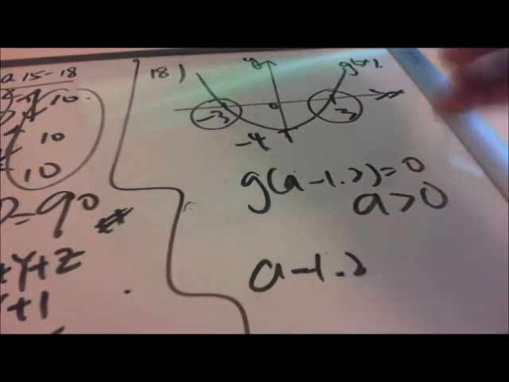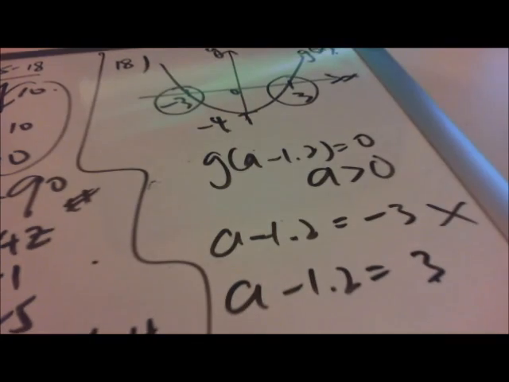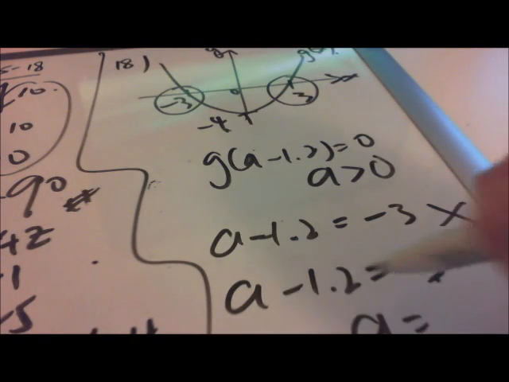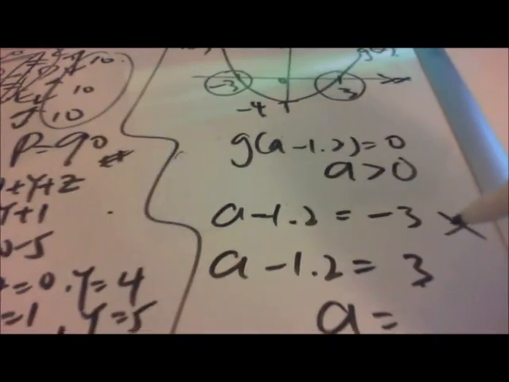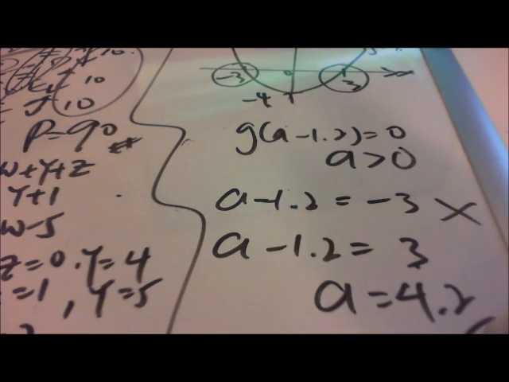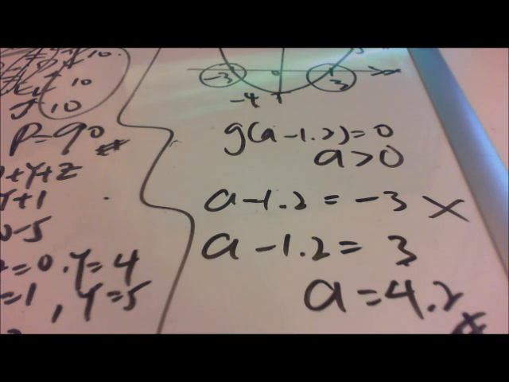This means a minus 1.2 is either equal to -3 or a minus 1.2 must be equal to 3. In this case, the first one is out because if you put -3 plus 1.2, a is negative. But this is correct: -1.2 moves over and becomes positive 1.2. So 3 plus 1.2 is 4.2. So the answer is 4.2. Alright, we conclude section 7 in practice 1.